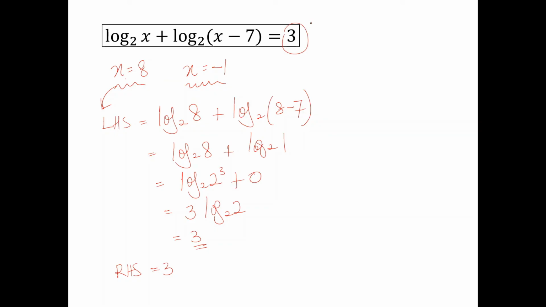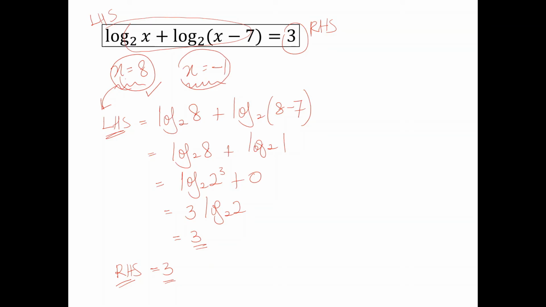So this is the right hand side and this is the left hand side. For the case of x equal to 8, left hand side equals right hand side. So x equal to 8 is acceptable.